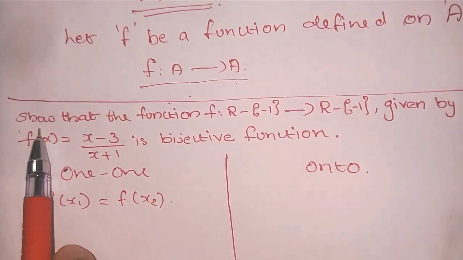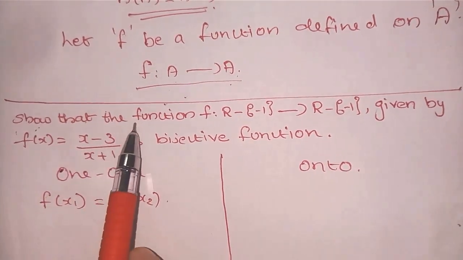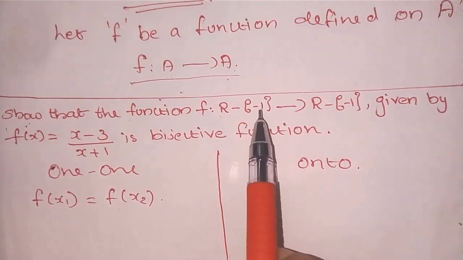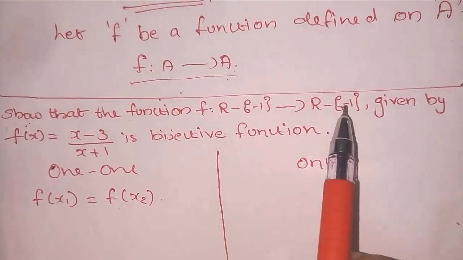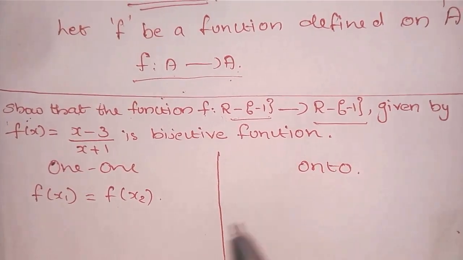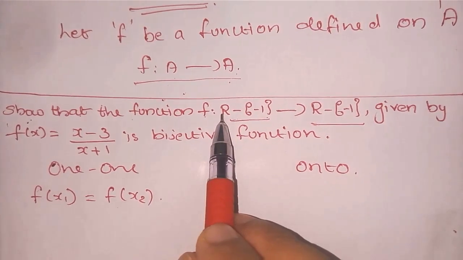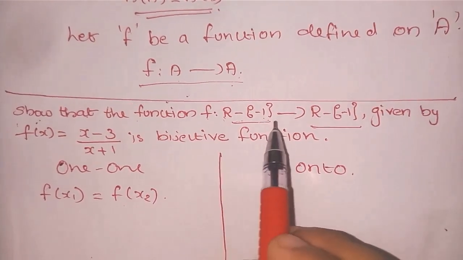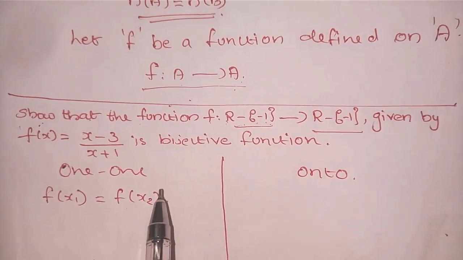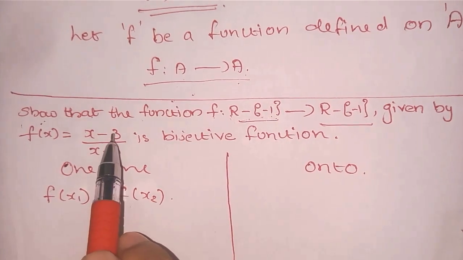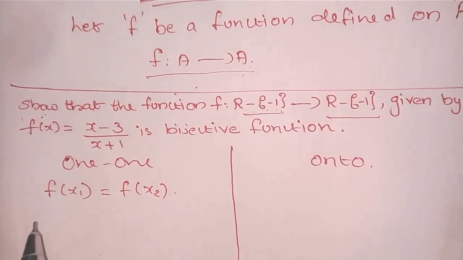So what is the given question here? Show that the function f defined from R minus {-1} to R minus {-1}. So domain and codomain are the same. From the real numbers we are eliminating -1 alone, so all real numbers except -1. And the function f(x) is defined as (x minus 3) divided by (x plus 1).